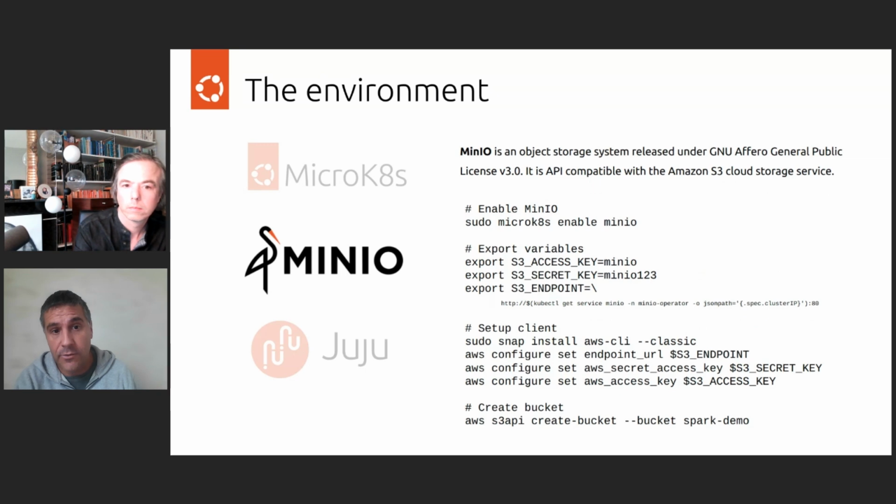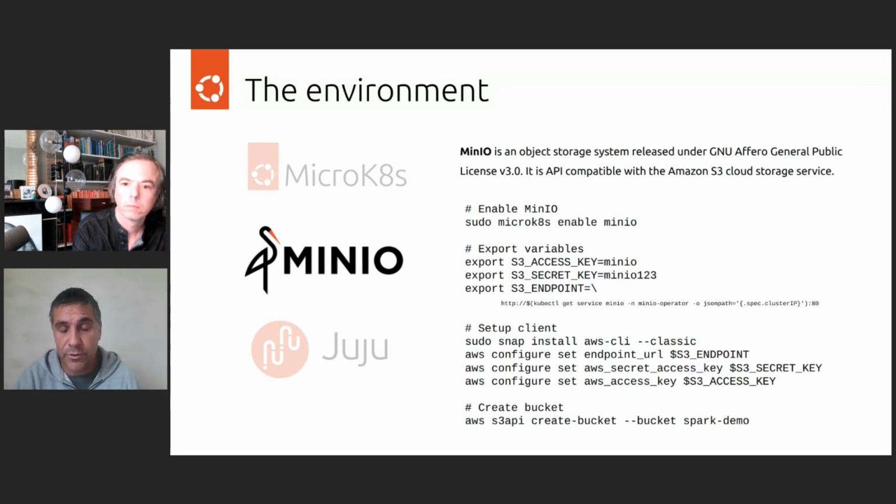We are then using MinIO for storing data. MinIO is an object storage, and one extremely nice thing about MicroK8s is that it comes with some add-ons. Just by adding these add-ons to MicroK8s with the first command, we can already deploy a MinIO deployment on our local environment.